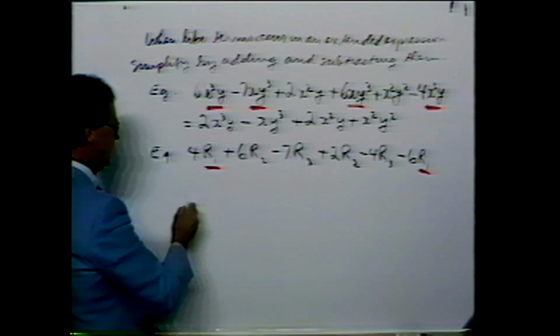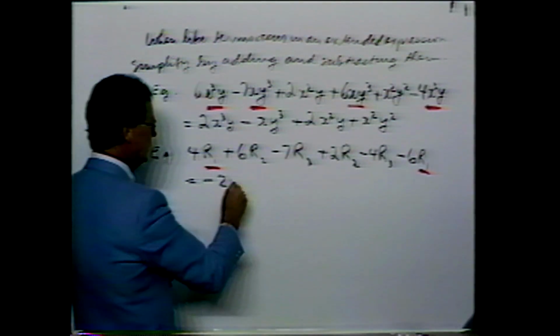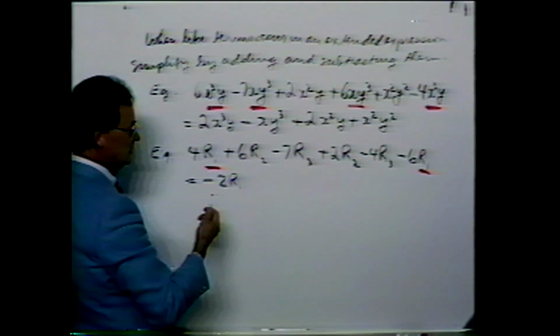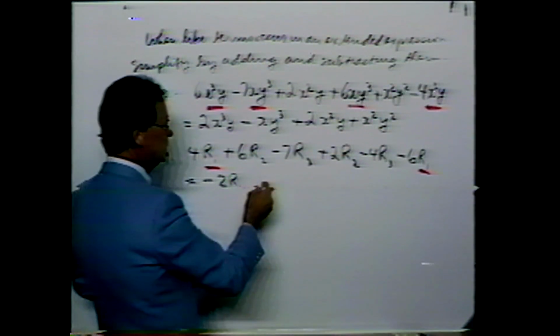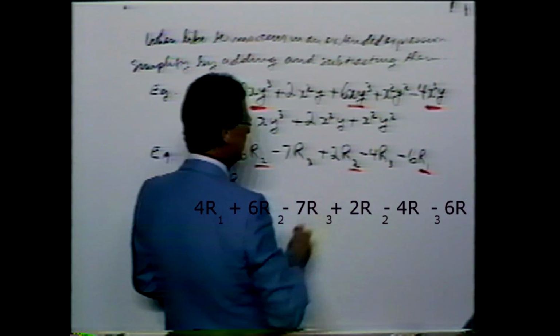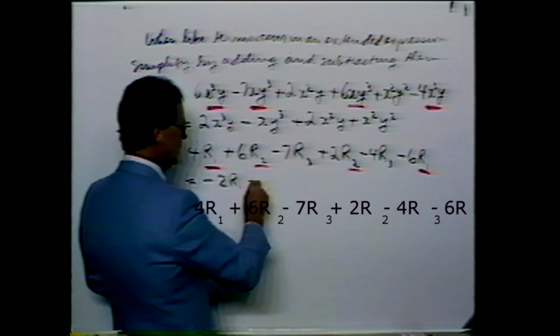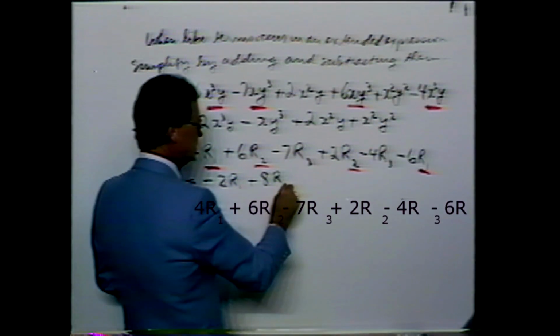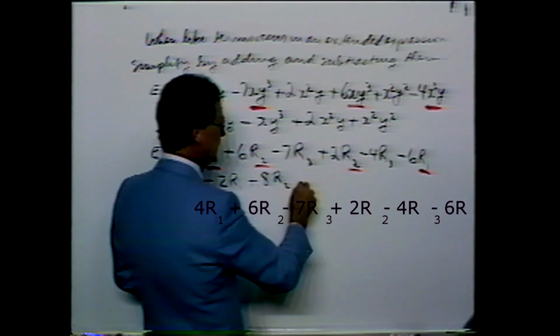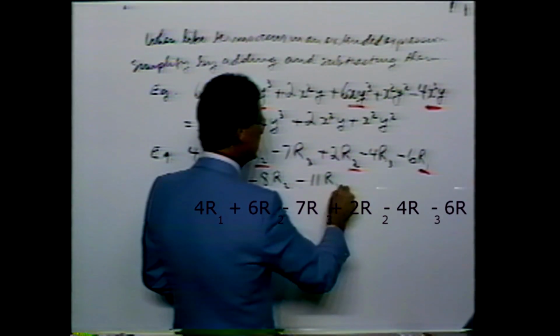That can be added and simplified to produce negative 2 R sub 1. The next R we want to look at are the ones with subscript 2, and there they are. 6 and 2 is 8, and so we want to write plus 8 R sub 2. And finally, minus 11 R sub 3.